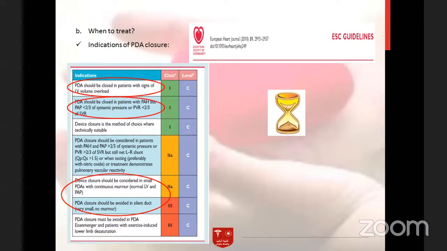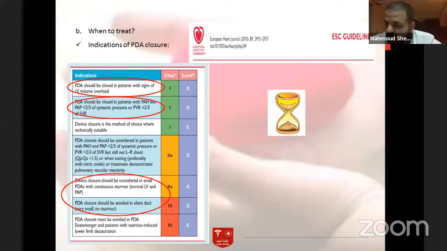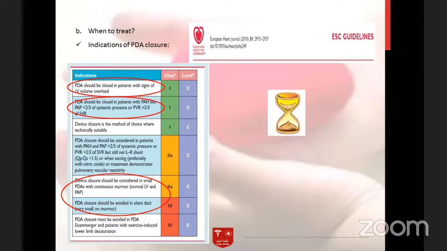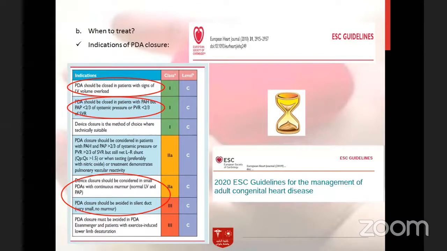As we just mentioned, the device closure is a method of choice when technically suitable, and small PDAs with audible murmur or hemodynamic effect should be closed, keeping in mind that tiny PDAs without audible murmur are contraindicated for closure, and this is according to the 2010 European guidelines, and we are waiting for the 2020 European guidelines.